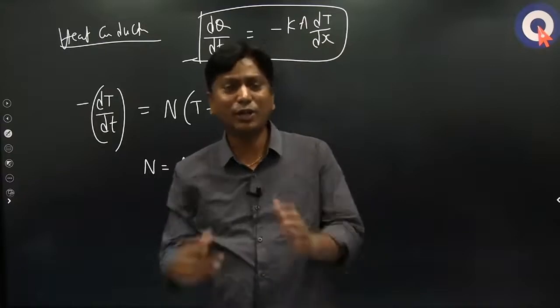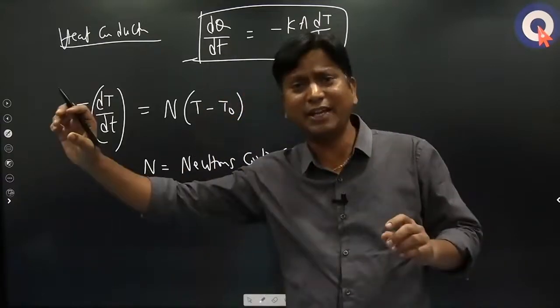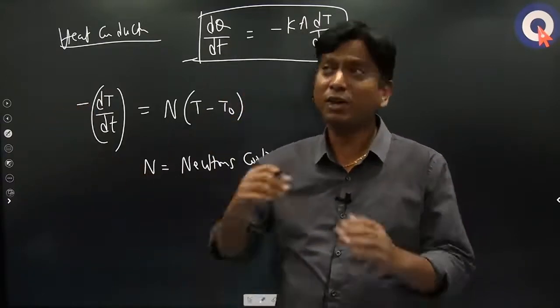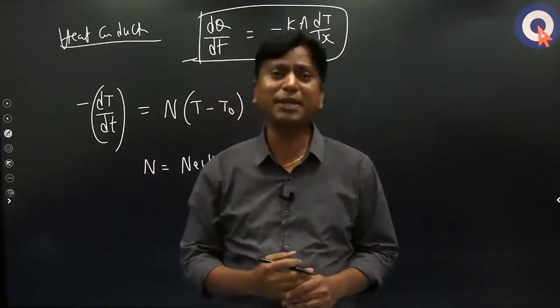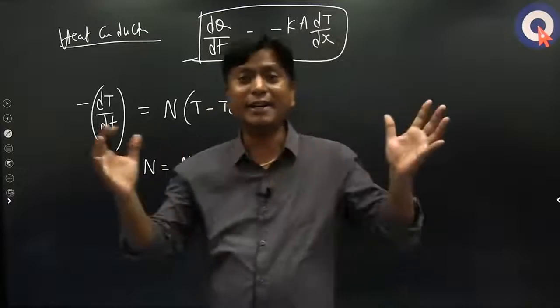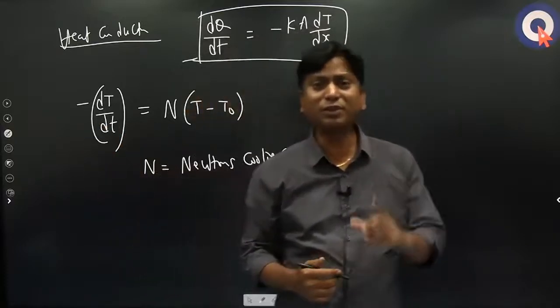So it is only in one dimension: either completely in the x direction, or in the y direction, only one direction. Or sometimes the heat conduction may be in the radial direction, which is also one dimension.